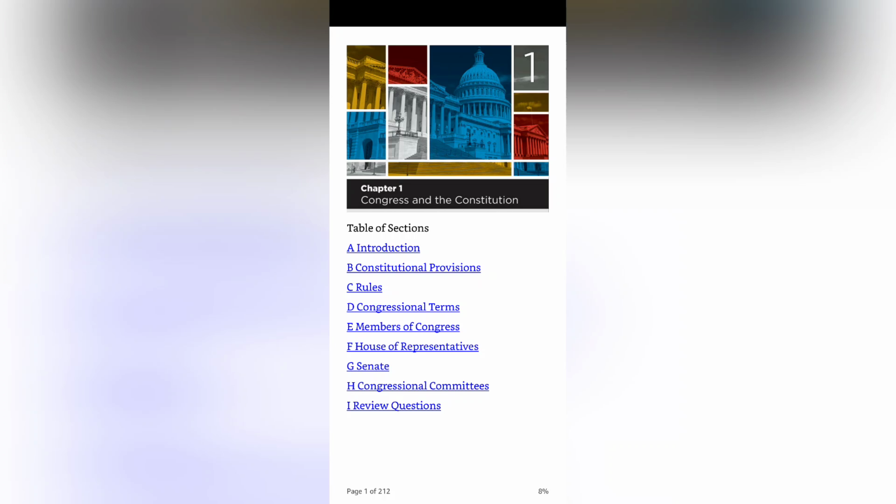Congressional elections occur every 2 years. Since members of the House serve 2-year terms, all the House of Representatives is elected in each congressional election. Elections for members of Congress held in the even years between presidential elections are called midterm elections.